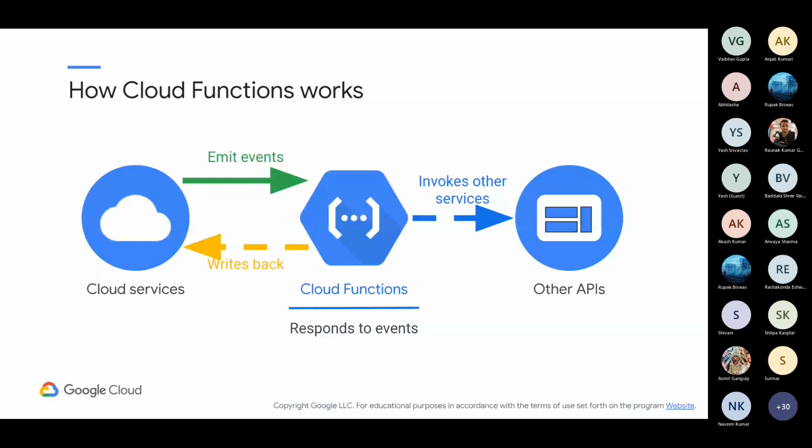In between, it can invoke some other service or other APIs also, like it can invoke some other cloud functions or other cloud services or anything. Instead of this cloud service, this can be a user also. The user can emit an event, then the cloud function can respond to this event, and the user can get back the data. So this is how Cloud Functions work.